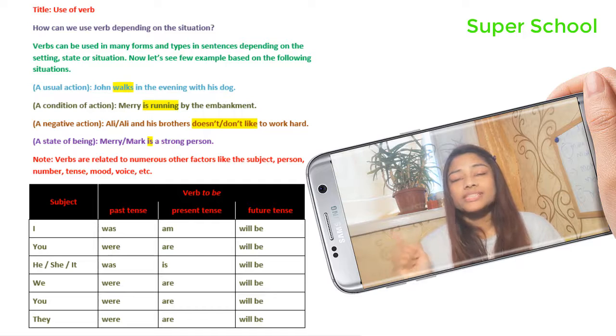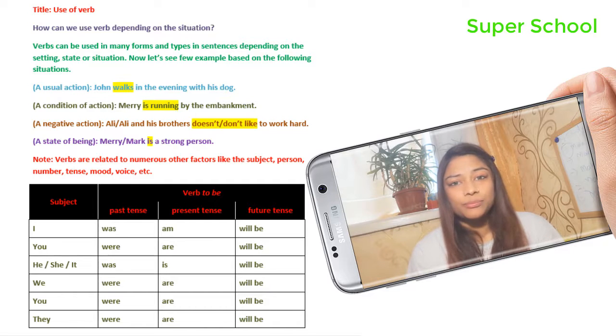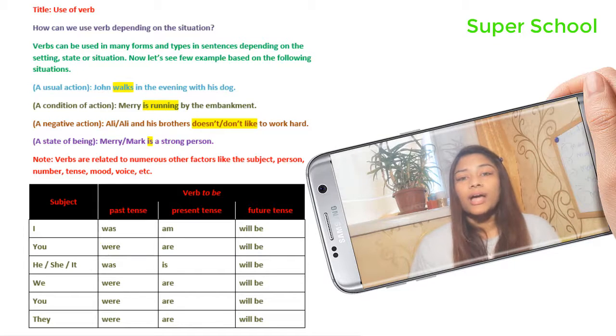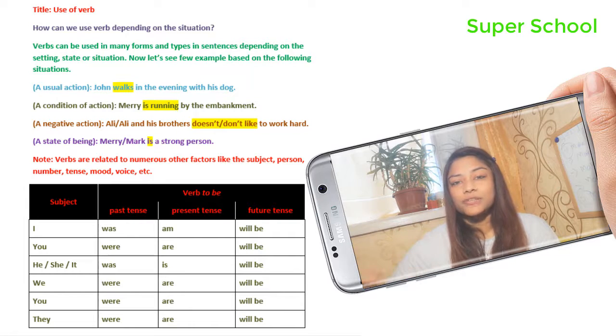Now, there is a chart. This chart might help you to revise or maybe to learn how you can use these verbs with the subject. So look at the example. I was, I am, I will be. So look at the categories: past tense, then verb to be present tense and future tense.